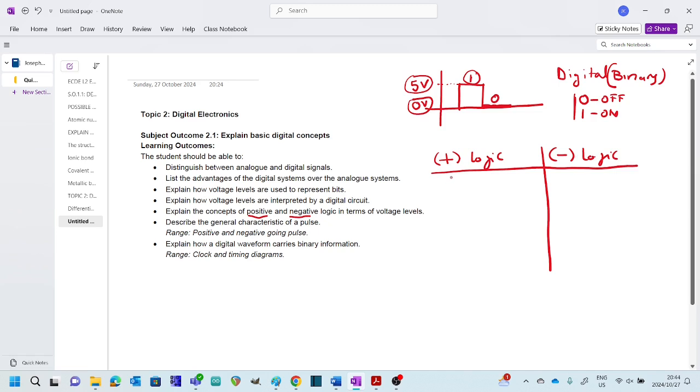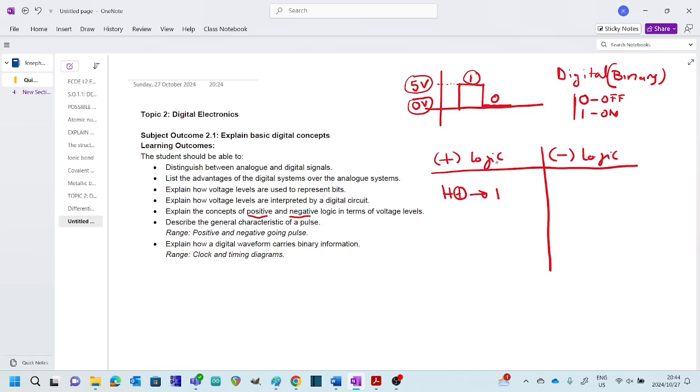All right. So in positive logic, logic 1 is the number with the highest positive value. I'm going to represent highest positive as H plus. The highest positive number will have a 1, which means the other number will be a 0, because in binary we only have 2 numbers.